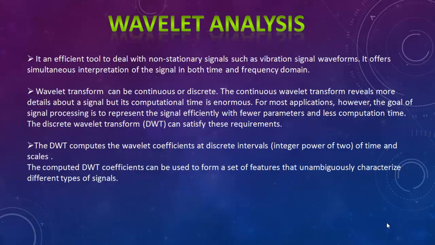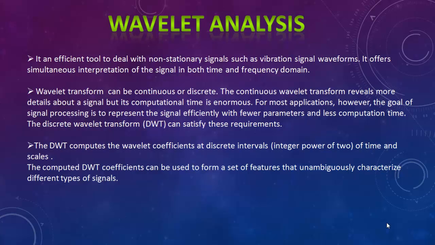Wavelet transform can be continuous or discrete. The continuous wavelet transform reveals more details about a signal, but its computational time is enormous. For most applications, however, the goal of signal processing is to represent the signal efficiently with fewer parameters and less computational time. The discrete wavelet transform can satisfy these requirements.